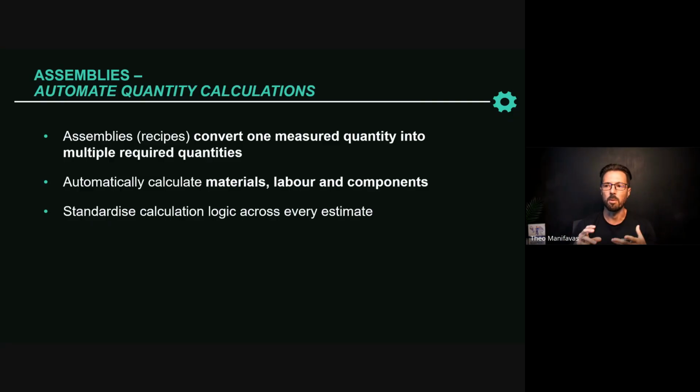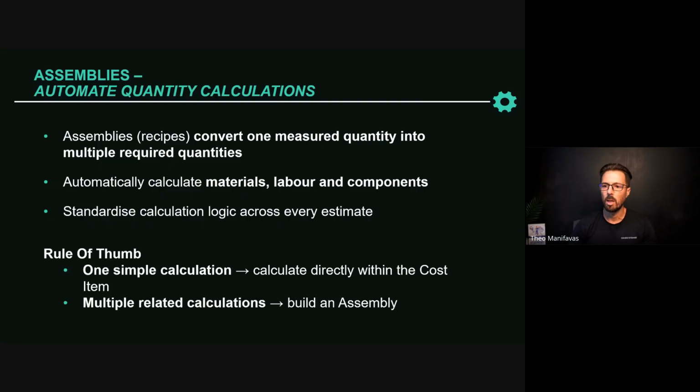They convert one measured quantity into multiple required quantities, automatically calculate materials, labor, and any associated components that form that recipe or assembly from a pricing perspective. Assemblies help us to standardize calculation logic across every estimate, so we're doing things the same way and have that consistency, which is important.